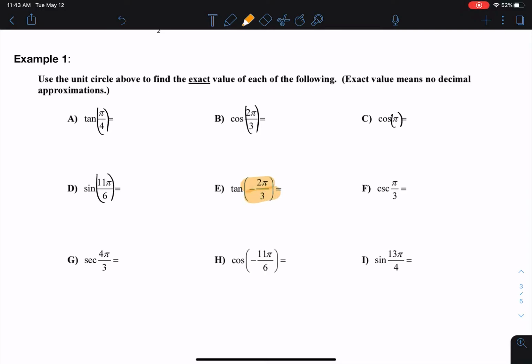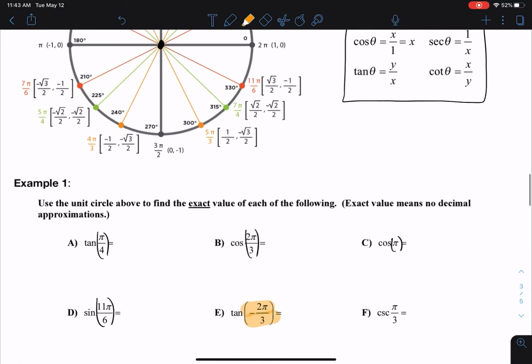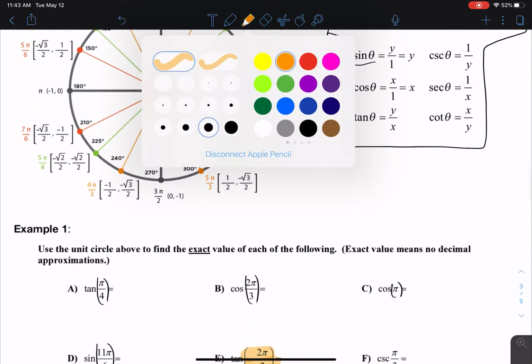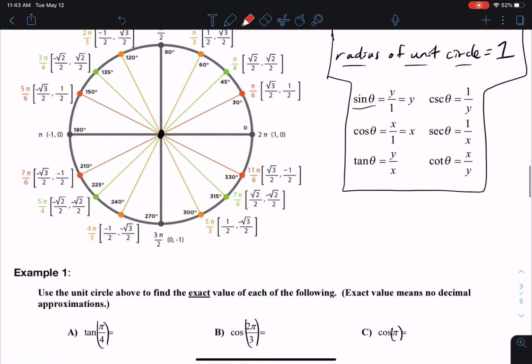Well, if you remember, it's been a few weeks, but if something is a positive angle, we move in this direction. You can see as I move in this direction, the angles are getting bigger, right? Well, if you go in the opposite direction, that's the negative direction.